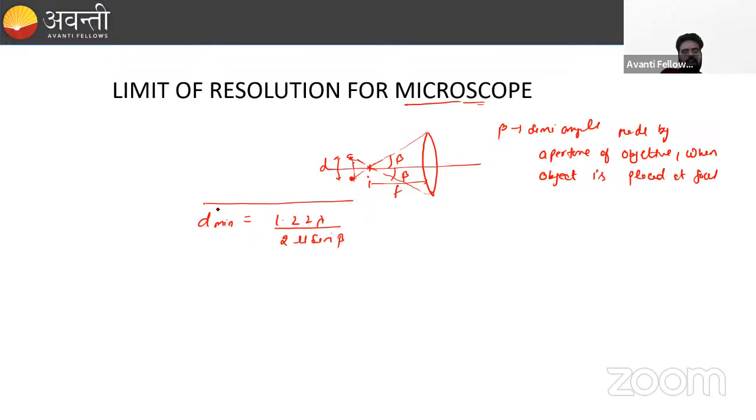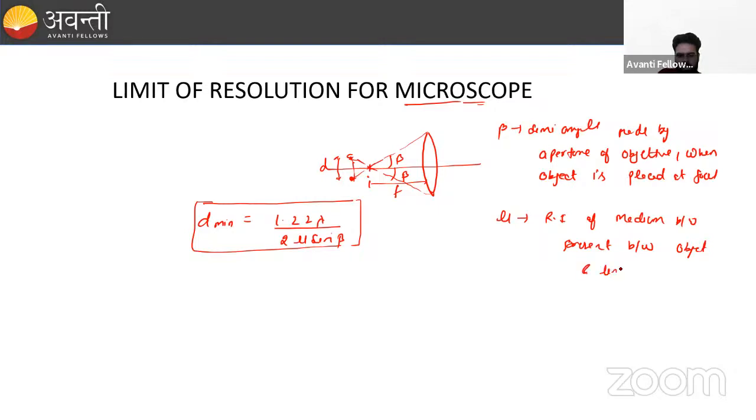What is beta? We already know, the semi-angle made by the aperture. What is mu? Mu is the refractive index of the medium present between the object and the lens.